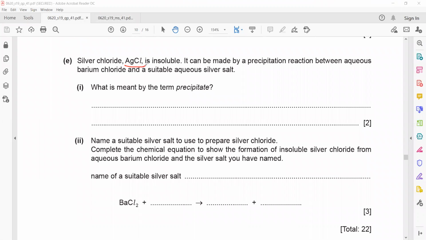Silver chloride, which is AgCl, is an insoluble salt. It can be made by precipitation reaction of aqueous barium chloride with a silver salt. What is meant by the term precipitate? 2 marks. So how do we define a precipitate?